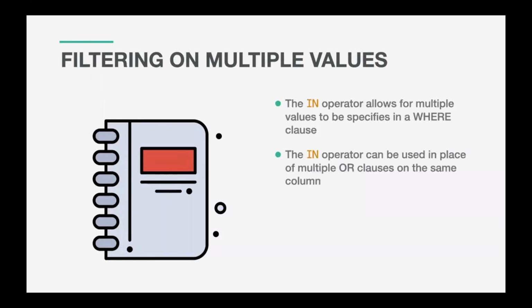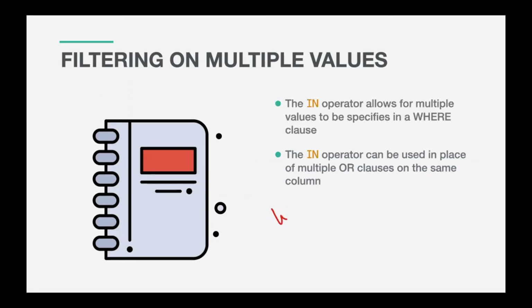So the in operator can be in place of the or clause for a column. If you wanted to look for multiple years, movies from say 1980, 1990, and 2000, you could use the or clause for that, right?